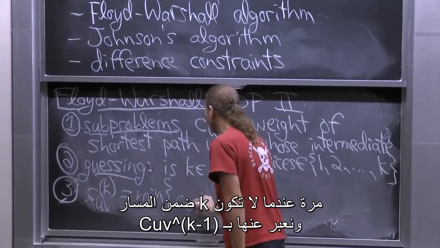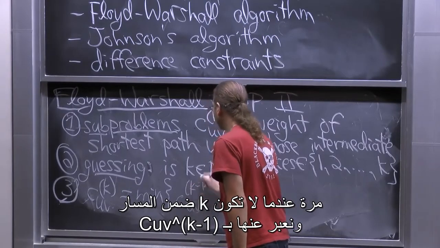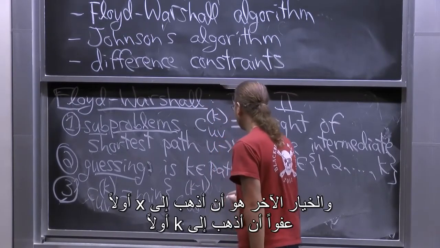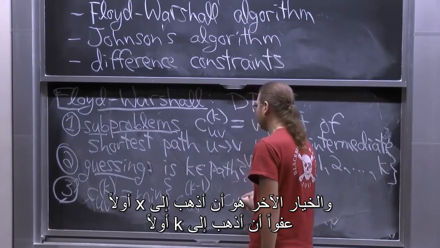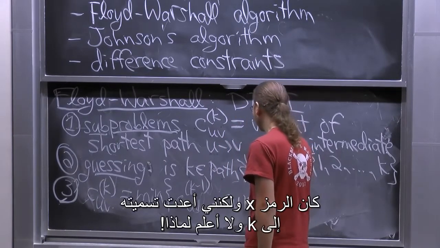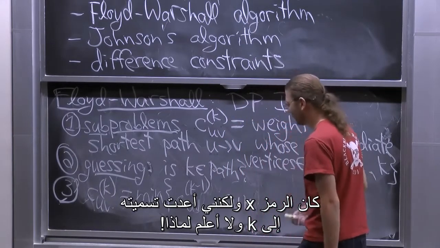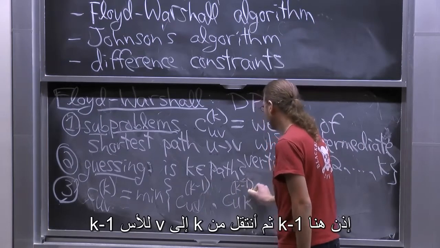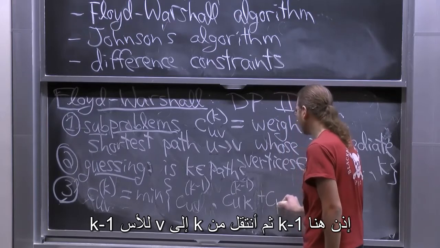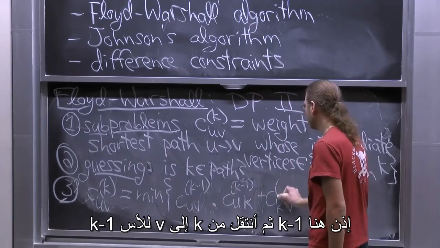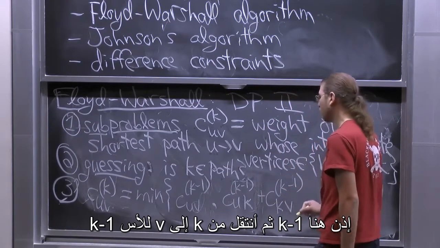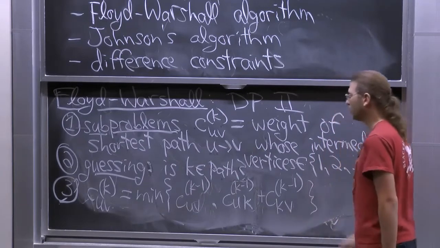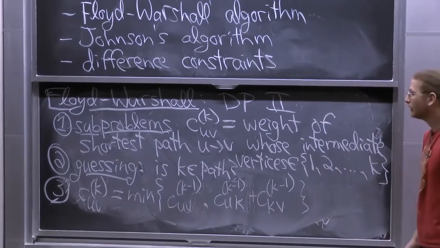That's c of u, v, k minus 1. And the other option is that I go to x first, or sorry, I go to k first. It used to be x, now I've renamed it to k. Then c of u, k, k minus 1, and then I go from k to v, c of k, v, k minus 1. That's it. Min of two things.